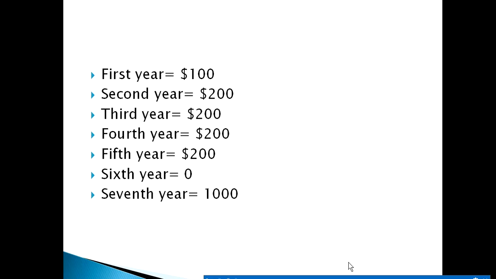In the second year, $200, and then $200 in the fourth year, $200 in the fifth year, $200, while in the sixth year you are making no deposit, and in the last year you are going to make a deposit of $1,000.